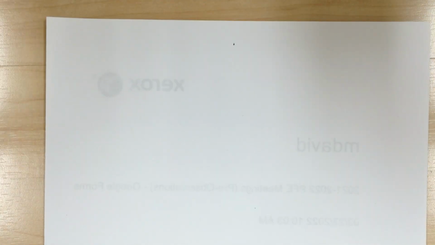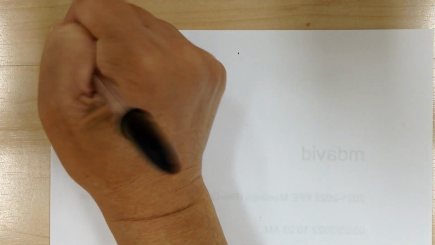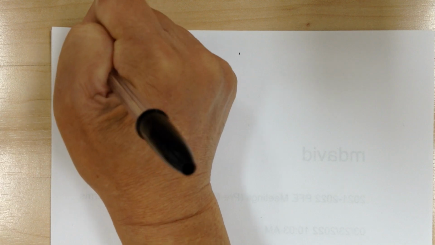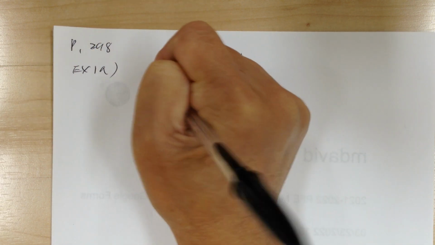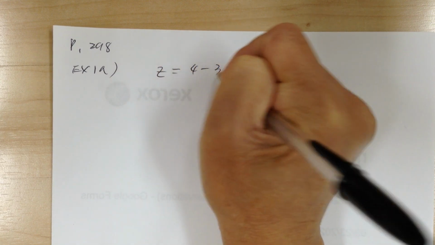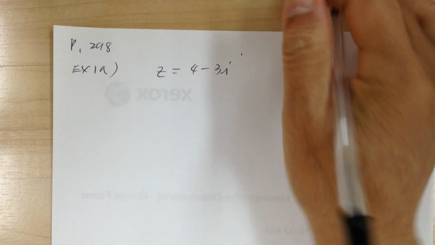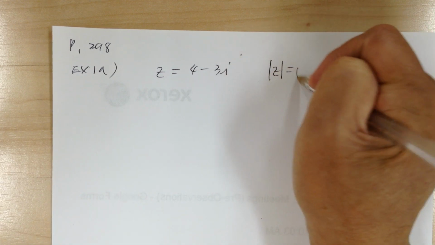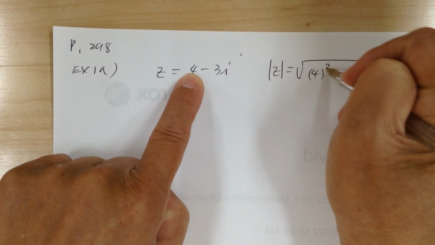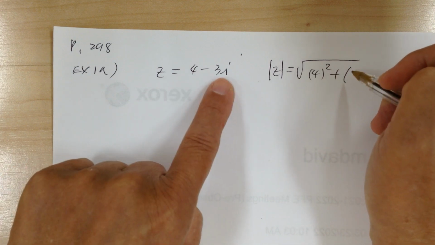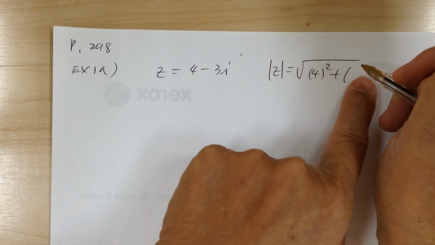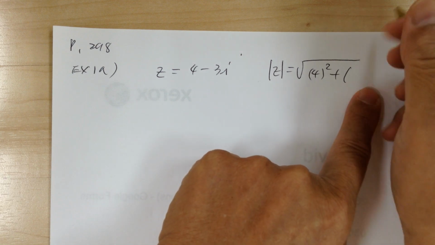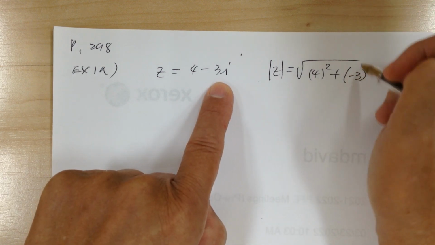Okay, so let's go to example 1. Example 1a: if you have z equal to 4 minus 3i, and you use the Pythagorean theorem, you get the absolute value of z equal to the square root of 4 squared plus, now the i is just a direction, so don't put i in here, minus 3 squared.